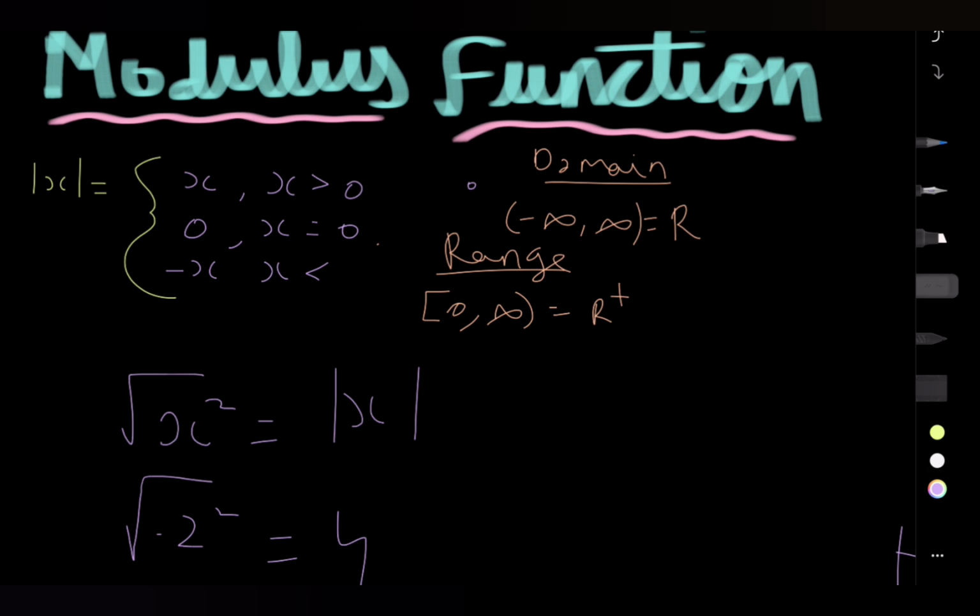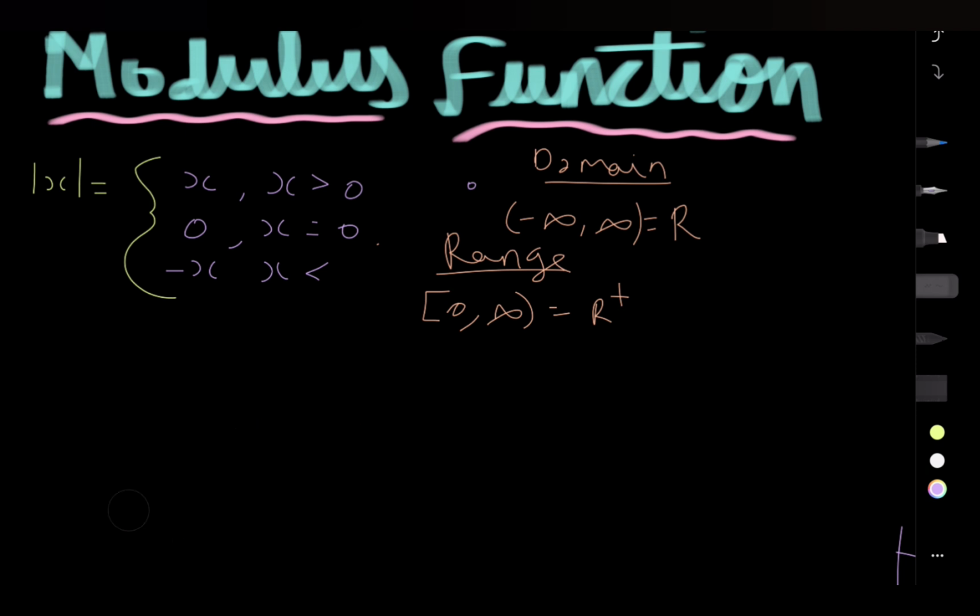Root over minus 2 whole square is 2 itself. I will get 2 as the answer, modulus of minus 2 which is equal to 2. Let it be positive or negative, the square was there, so it is the property of modulus.